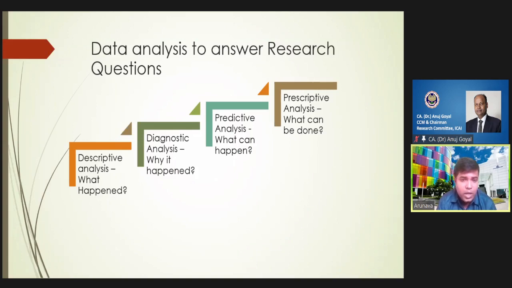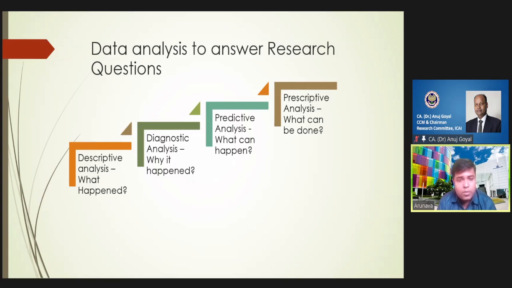We will wait for this answer, but I shall continue with the presentation. The point is that data analysis in research tries to answer certain research questions, and why do we do research? Because we want to have the answers to these questions.